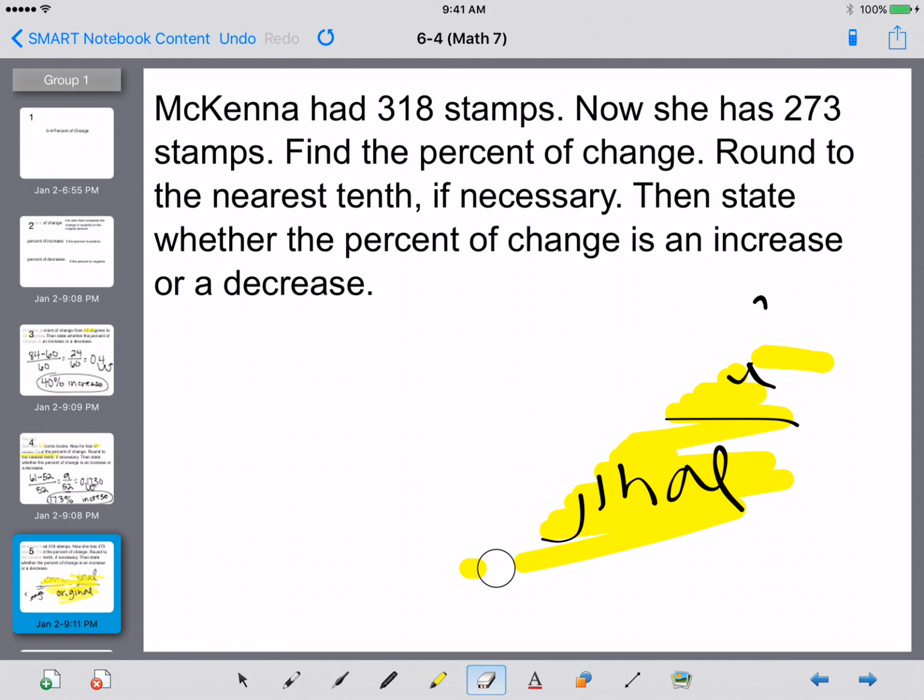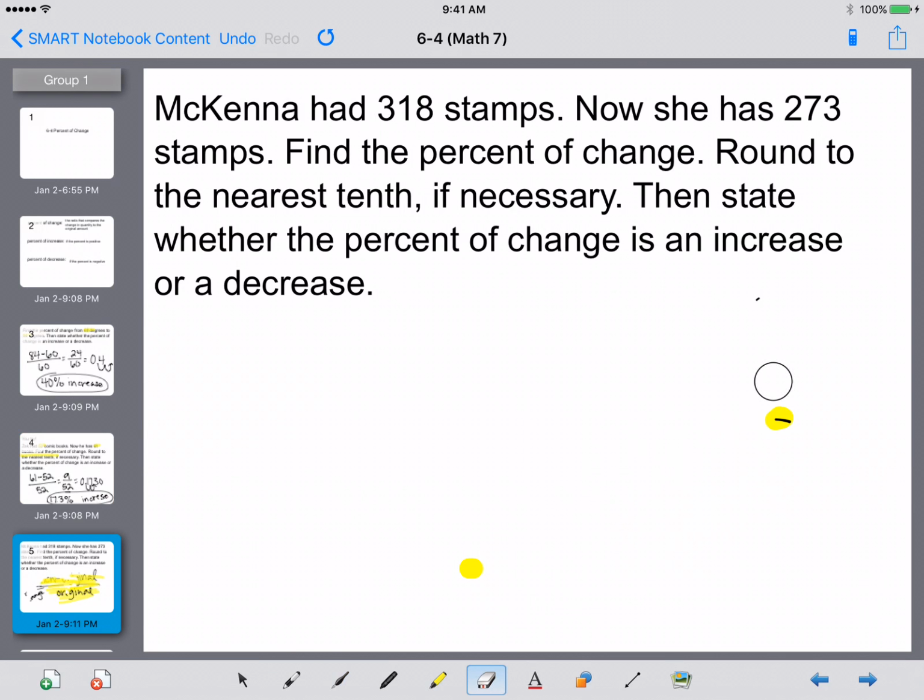So reading this problem, it says McKenna has 318 stamps. Now she has 273 stamps. Find the percent of change, round to the nearest tenth if necessary, then state whether the percent of change is an increase or a decrease. Okay, so our original number is 318. Now she has 273. Our equation is new minus original over original.